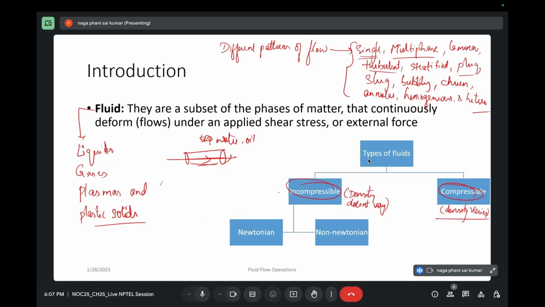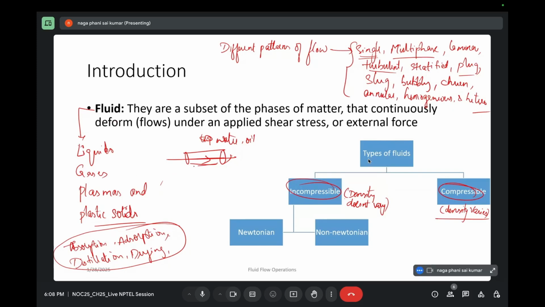Coming to the importance of fluid flow operations. In chemical engineering, we go through different processes like absorption, adsorption, distillation, drying. In all these unit operations or unit processes, one thing is common, that is fluid flow.